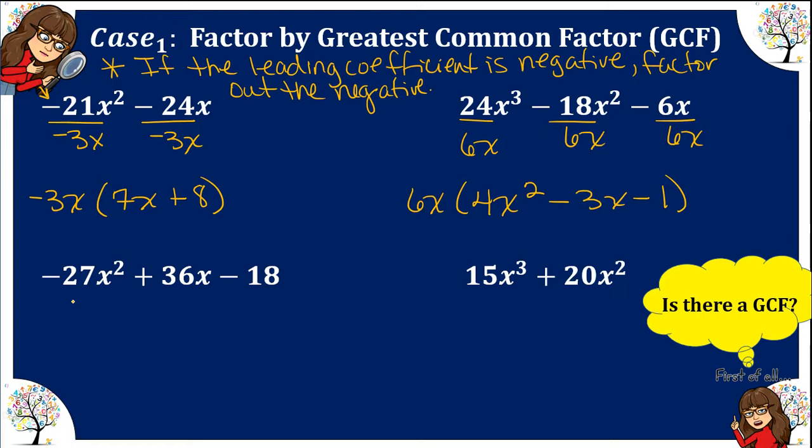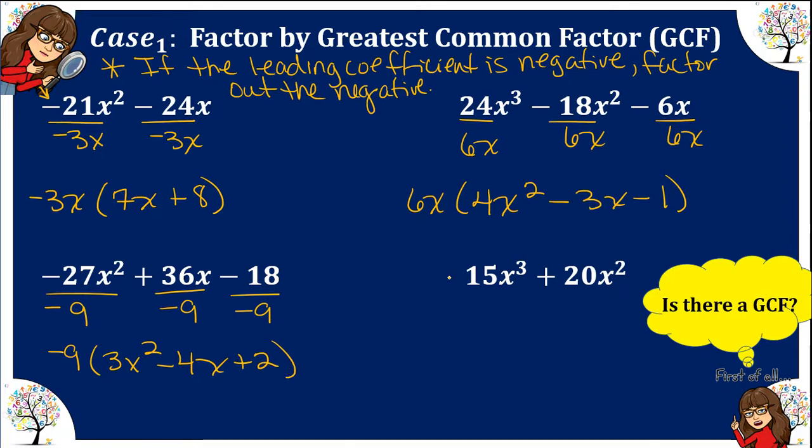In this example, I notice that each of these terms has a factor of 9, and my leading coefficient is negative, so I must factor out a negative 9. So negative 9 is the greatest common factor, and we're left with positive 3x squared minus 4x plus 2.